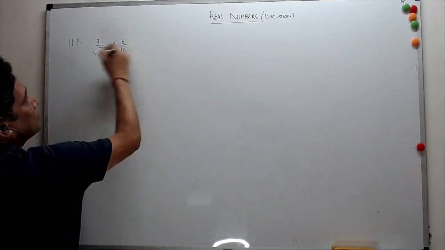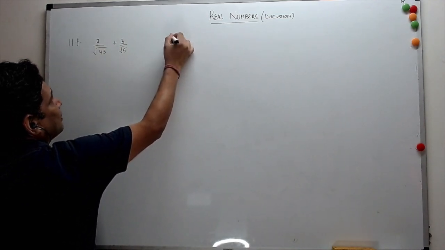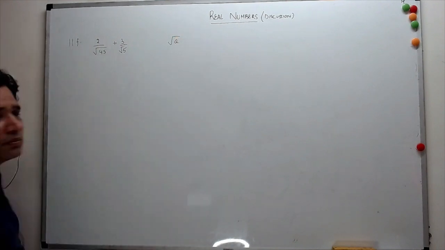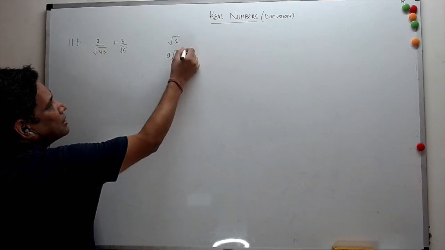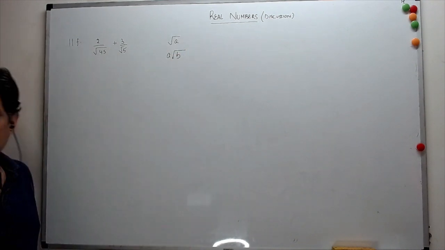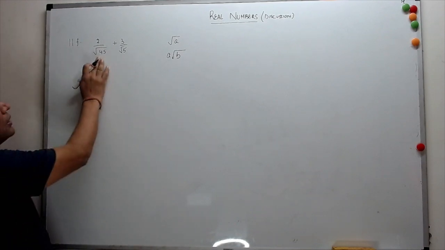If I were to simplify and get a form, maybe some number here, like this could be the desired output, or something. If it is in a mixed form, it could be a root b or similar stuff, right? So how do I do it?